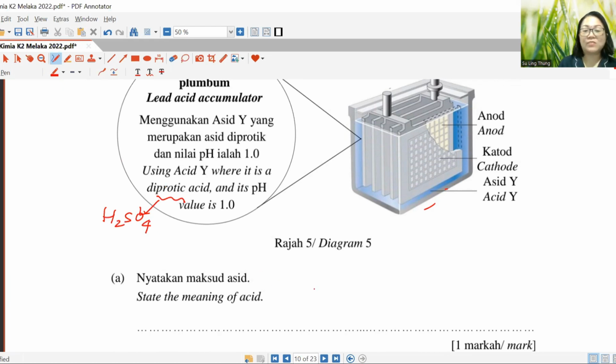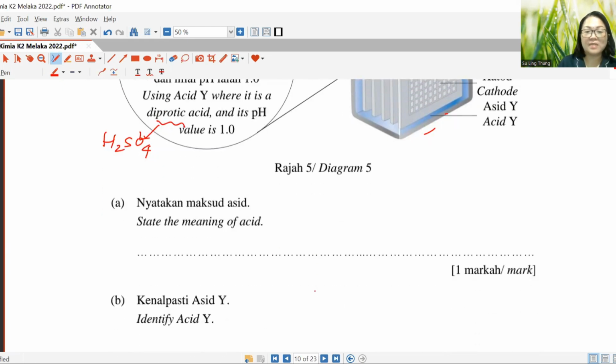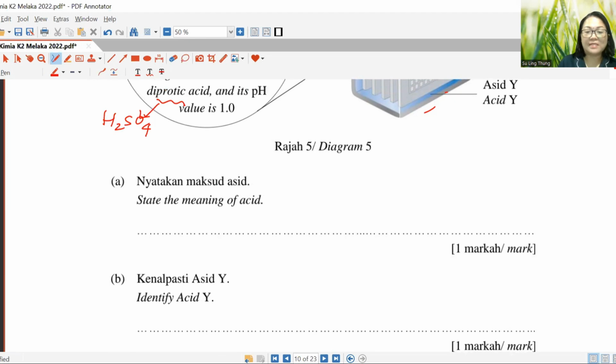Now let's look at the question. A, state the meaning of acid. Acid is what? A chemical substance that ionizes in water to form hydrogen ions.